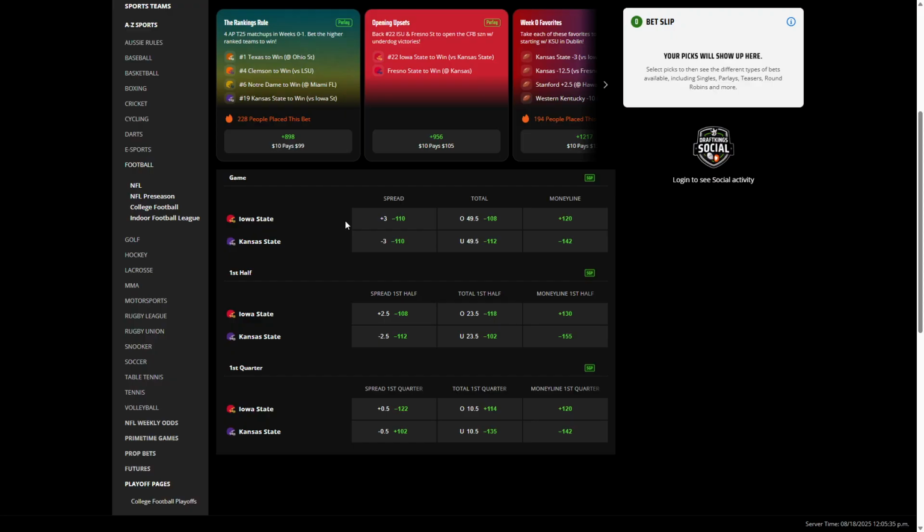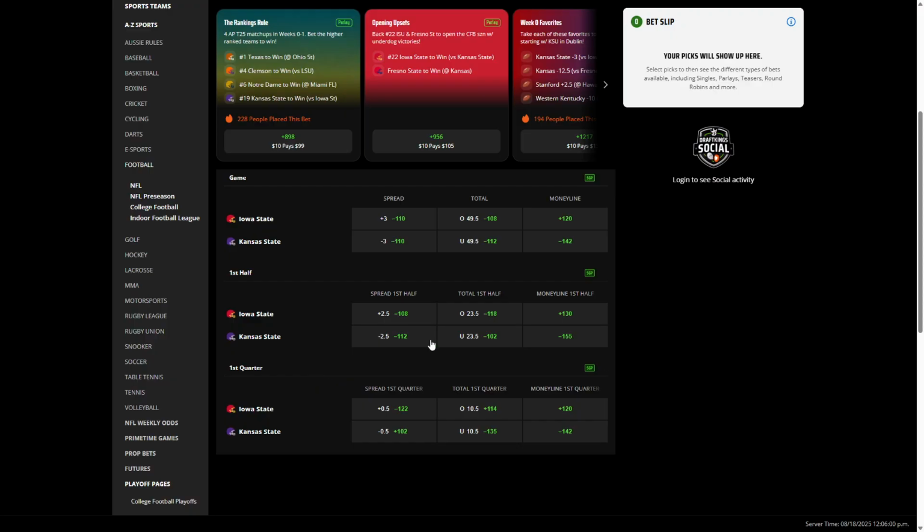It's pretty nuts here. The other interesting fact, and then we're going to get into both teams, is if you look at the first half, the spread of the first half is 2.5. It's basically 3. So if you think Kansas State is really going to come out and just blow the doors off them, -3 isn't bad. If you think they're going to come out early and get going, -2.5.